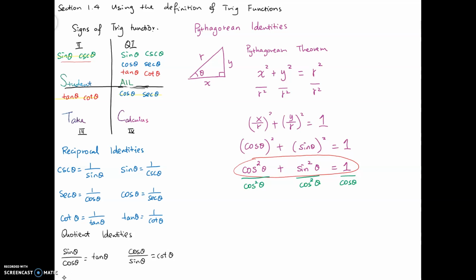So sine square theta divided by cosine square theta becomes tangent square theta. And then cosine square theta divided by cosine square theta is going to be 1. And then 1 over cosine square theta. We also have a relation about 1 over cosine theta, which is secant theta. And this is our second identity.